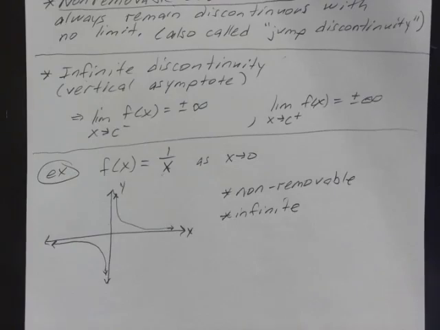So it is possible to be more than one type of discontinuity. As you approach 0 from the left, it's negative infinity. 0 from the right is positive infinity.